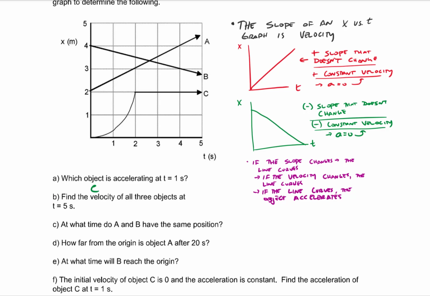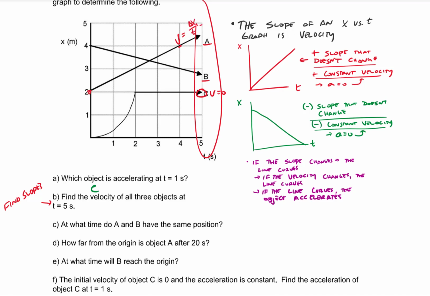Find the velocity of all three objects at t equals 5 seconds. Well, t equals 5 seconds is the very end of this graph. To find the velocity, I need the slope of each object at t equals 5 seconds. You might want to write that down. If we look at object C, the slope for object C is 0.